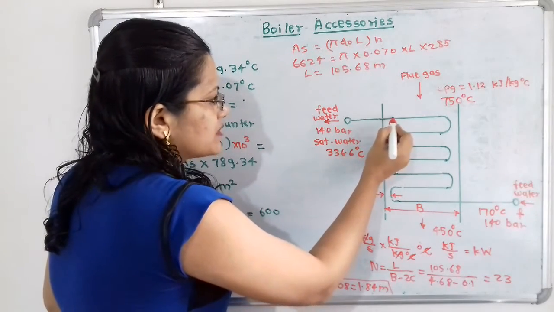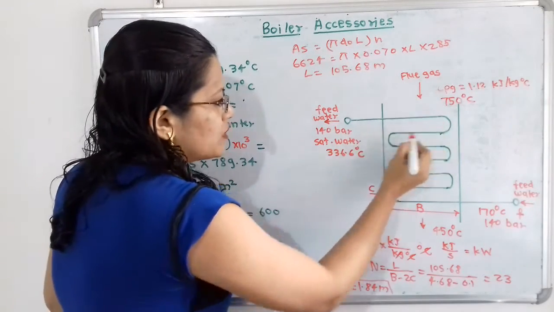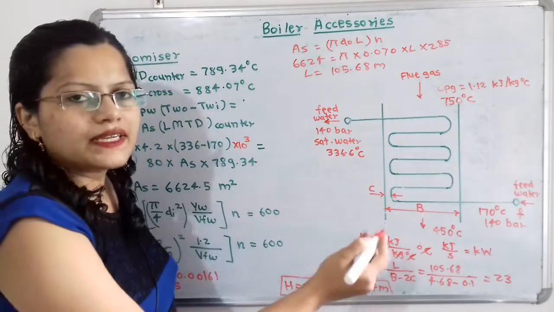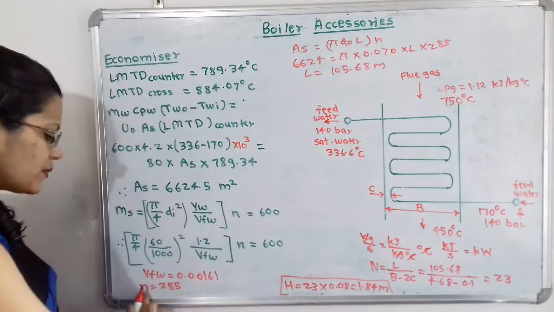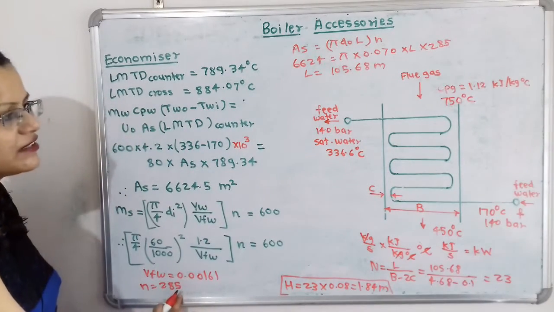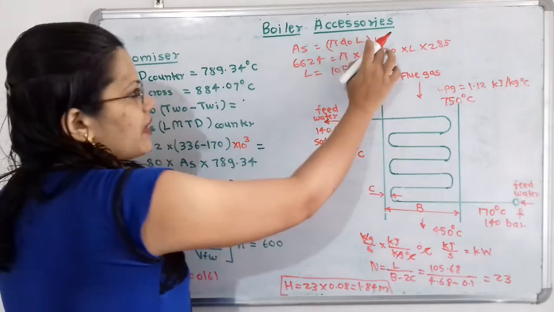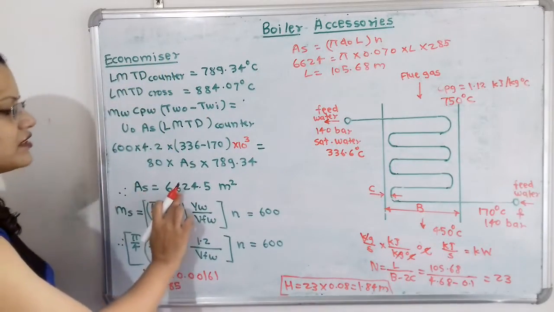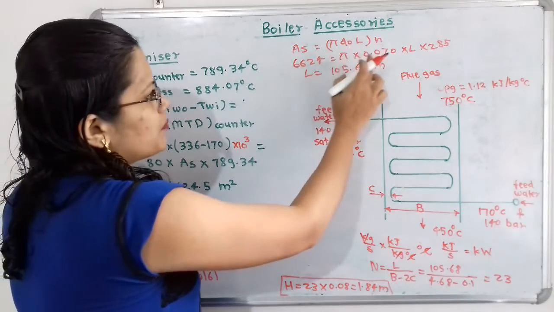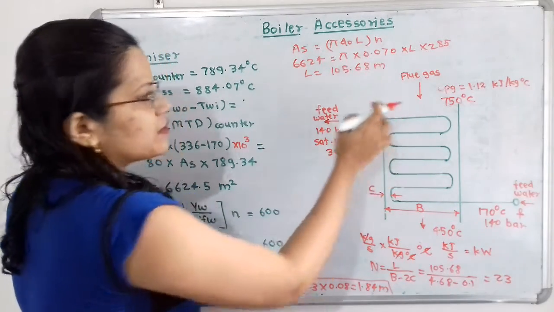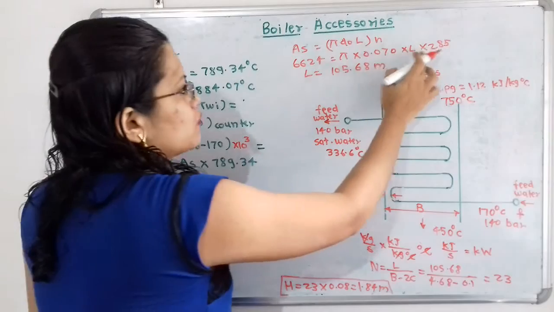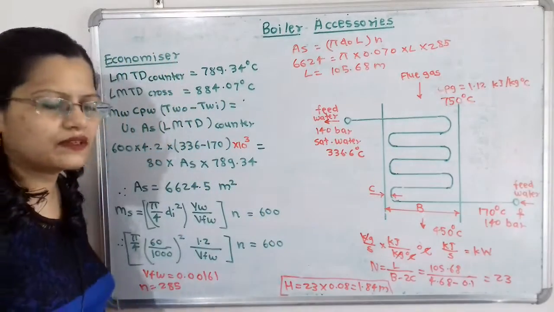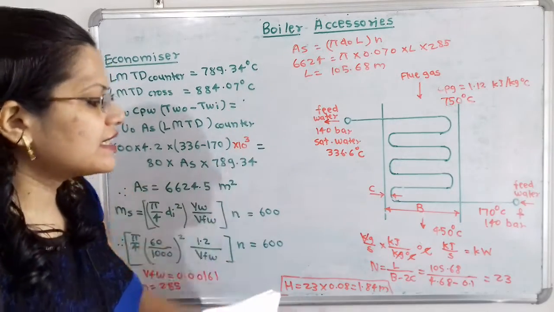DO, that means outside diameter, and multiplied the total length. So this total length and multiplied by the number of coils. So number of coils we have calculated, that is 285. So we have to put the value here. So AS is also getting calculated, 6624, which is equal to pi into DO, outside diameter we have to take into meter, into L into 285. So L is equal to 105.68 meter. So now this value is getting calculated.